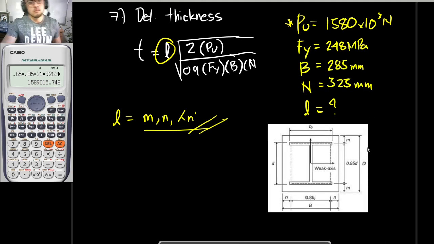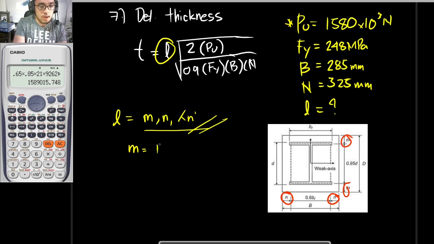Yes, sir. Okay. From that, we would be solving for the value of n and m. Unahin natin yung ating m. Looking at that particular figure, m is equal to N minus 0.95D divided by 2.